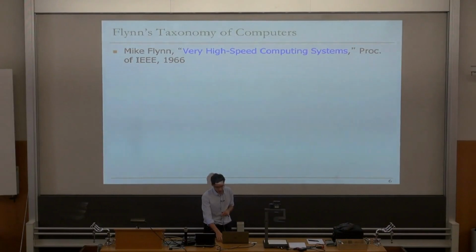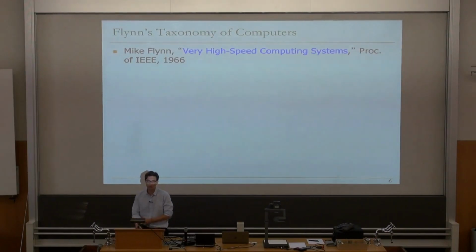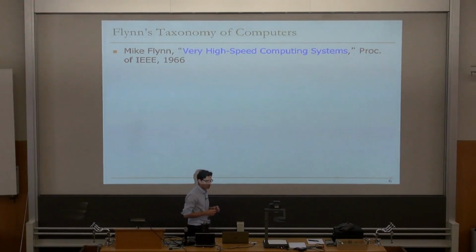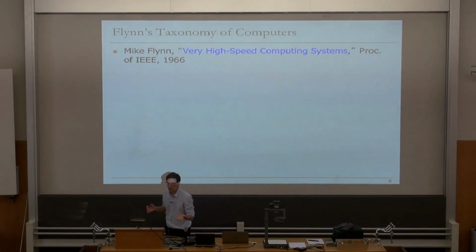Before we go into the details, let's first talk about Flynn's taxonomy of computers. I'm pretty sure that you're already familiar with this. Mike Flynn in 1966 published this paper where he classified computers according to 2 dimensions, and the 2 dimensions are instructions and data.